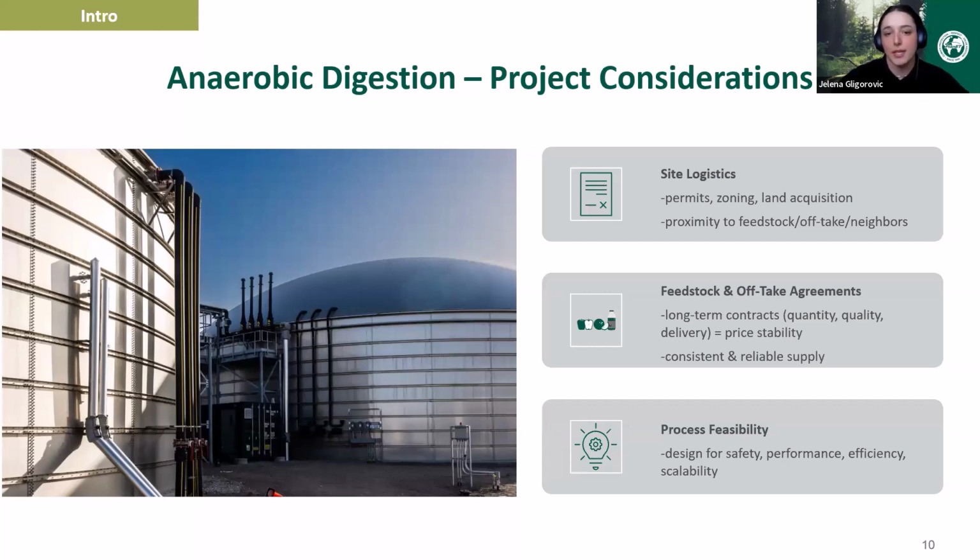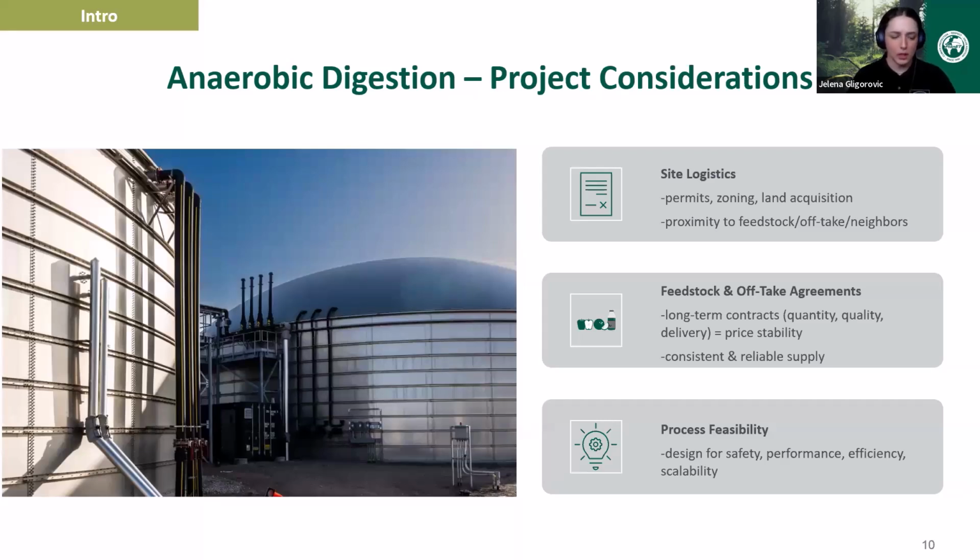So for the second item, I'm referring to feedstock agreements with suppliers of organic waste, whether that's agricultural or organic, like food waste and energy crops, or offtake agreements for biogas and digestate. Biogas offtake agreements are typically with utilities, industrial users, or energy companies, and the offtakes for digestate can vary greatly.